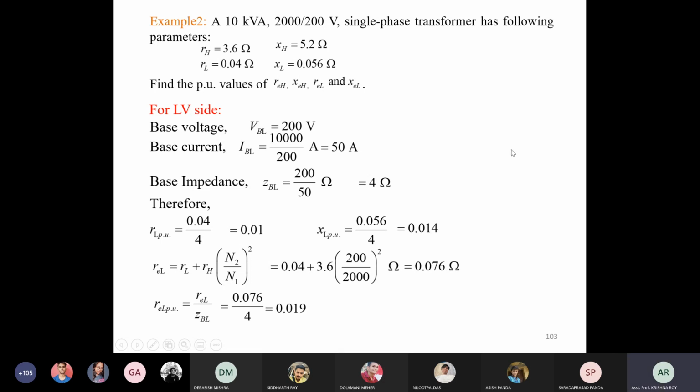So we will get 0.019. So this is the per unit value of equivalent resistance referred to low voltage side.